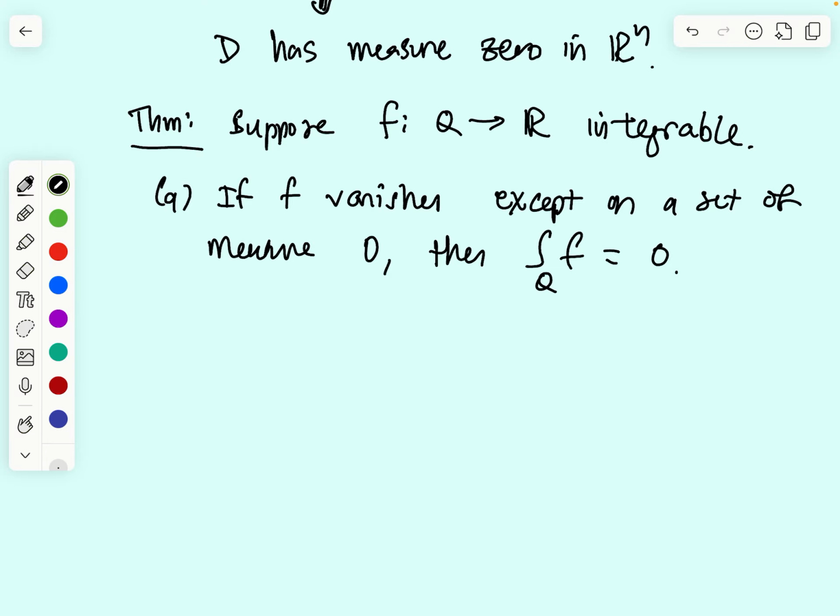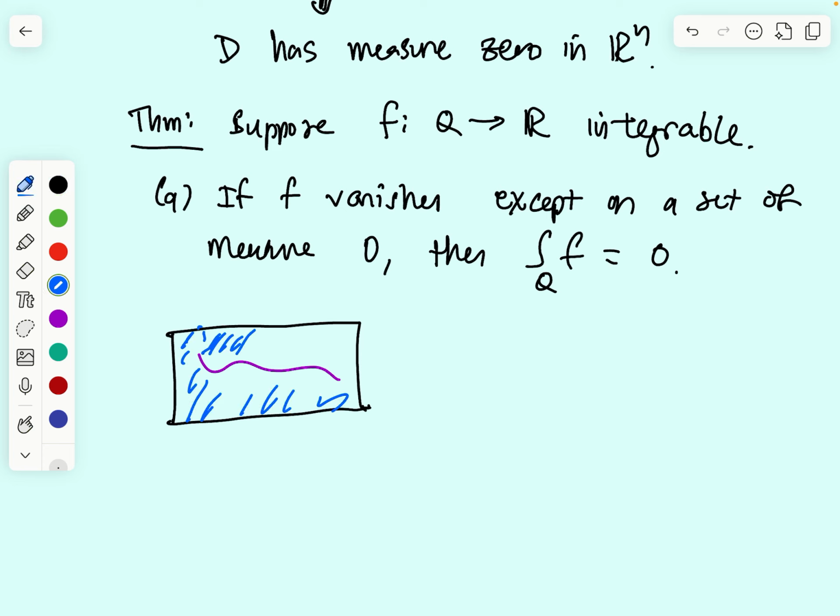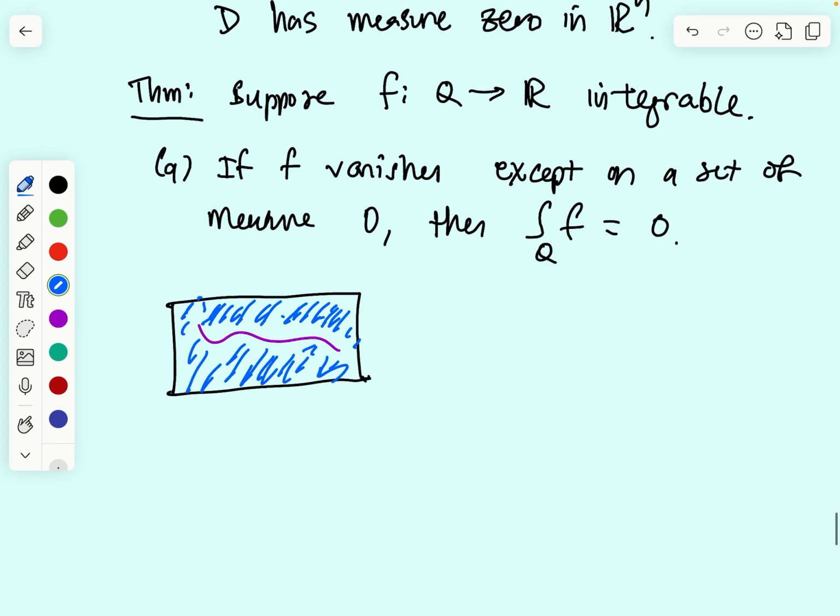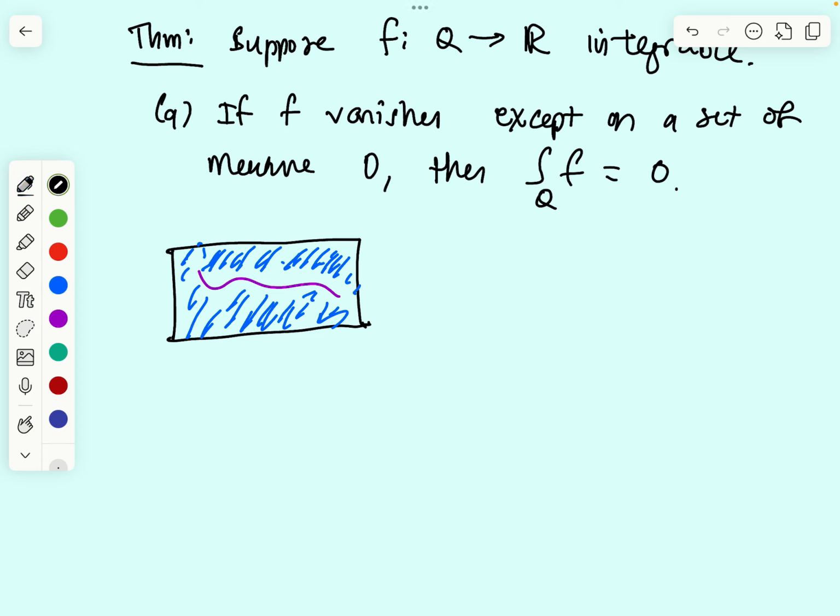Let's say Q is a rectangle in R2, and we think of something like R1, some thin thing, as a set of measure 0. Now this function is 0 on every point of this rectangle except for this thin purple curve, which has measure 0, then the integral of f is 0.